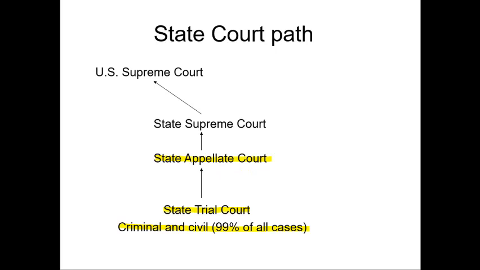And then if you don't like that ruling and you're able to take it and get accepted by the state Supreme Court, and as we see, the state Supreme Court rulings generally are final because, as I said, if you want to take it from the state Supreme Court to the U.S. Supreme Court, it's a long shot to get accepted.